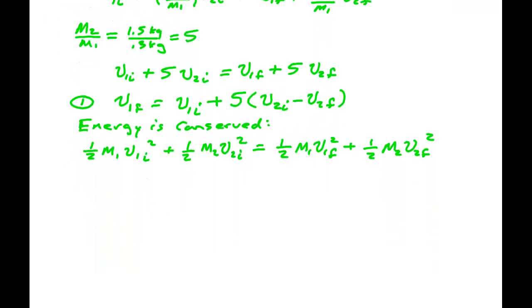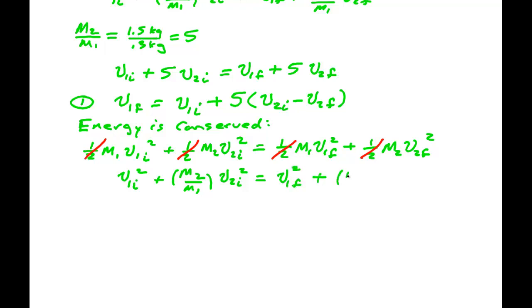Likewise, we can do some things to simplify this equation. The 1/2 can be canceled, so I'll just go ahead and whack out the 1/2 across the board. It's also possible to divide both sides by m1, so I'll do that. v1I squared plus m2 over m1 v2I squared is equal to v1F squared plus m2 over m1 v2F squared.